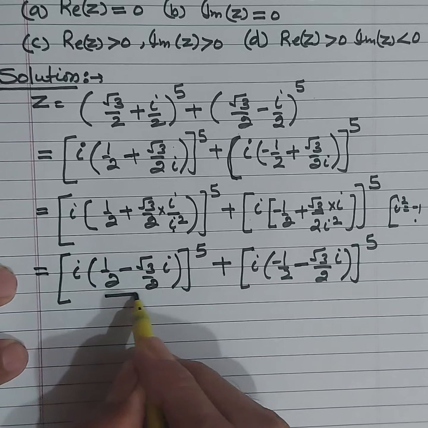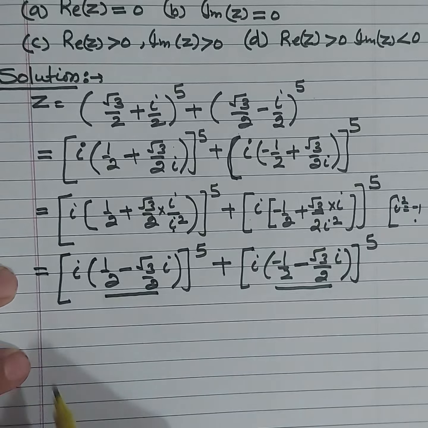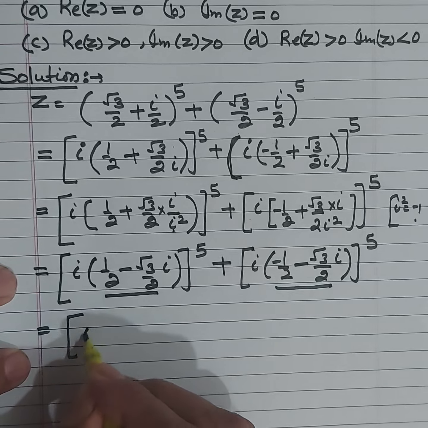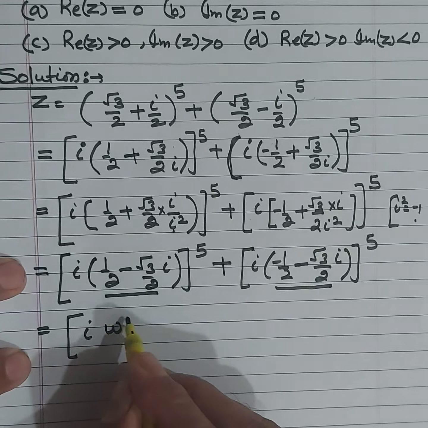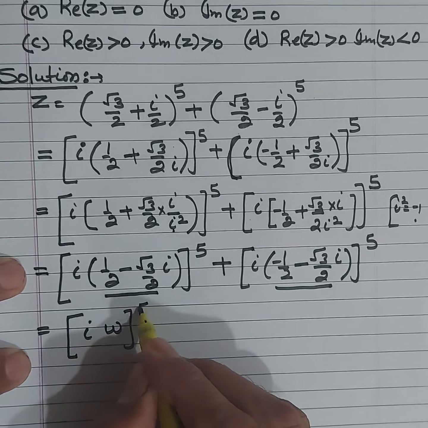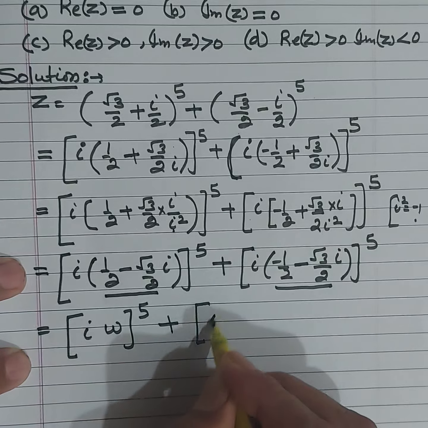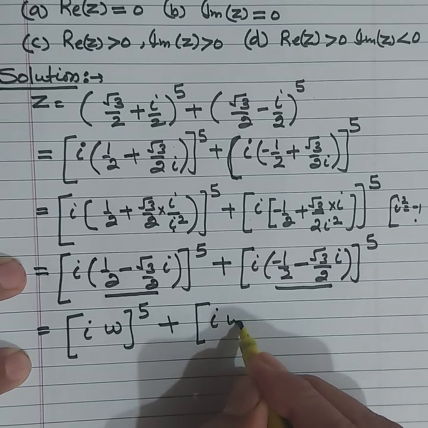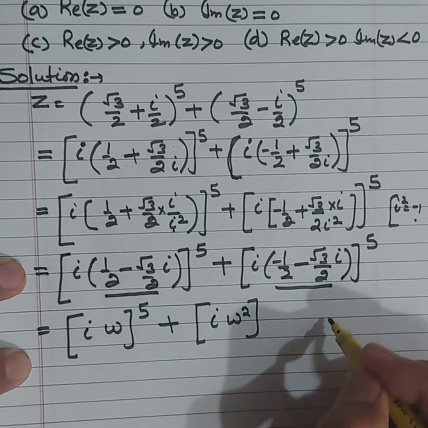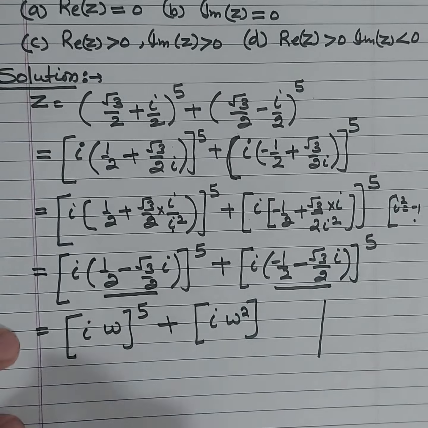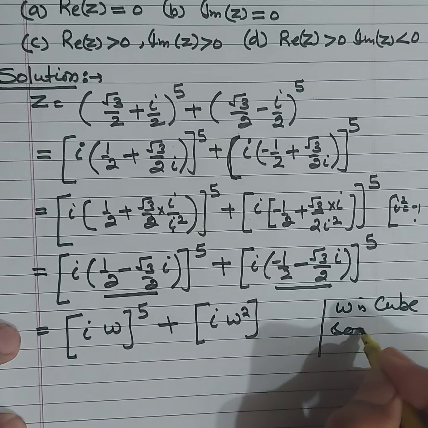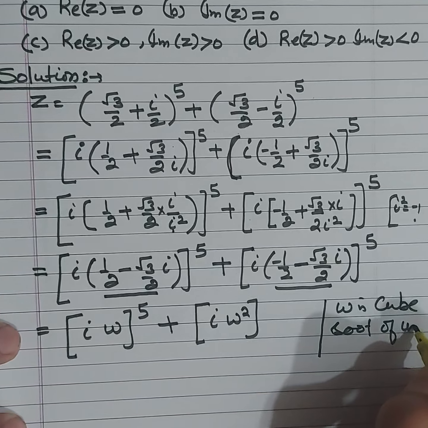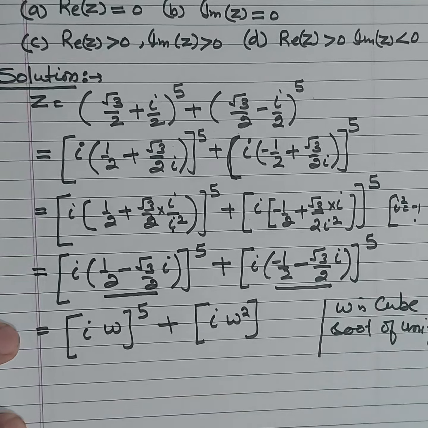Now this value and this value, if we see, this is a cube root of unity, so its value is omega, and this value is omega square. These are the cube roots of unity. Omega is a cube root of unity.